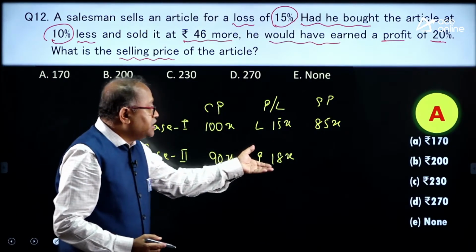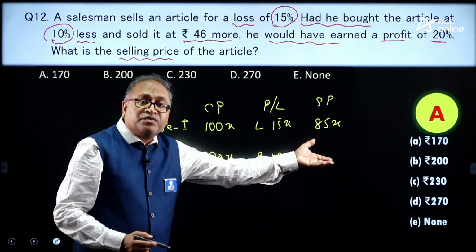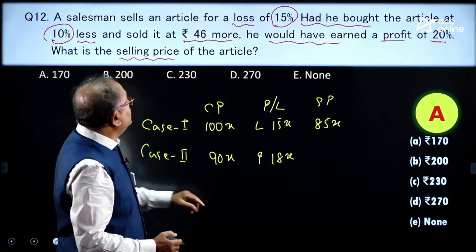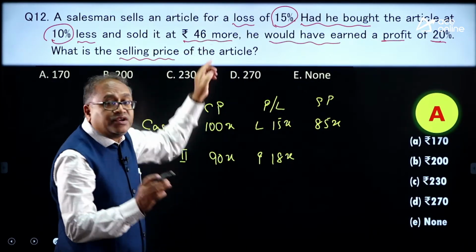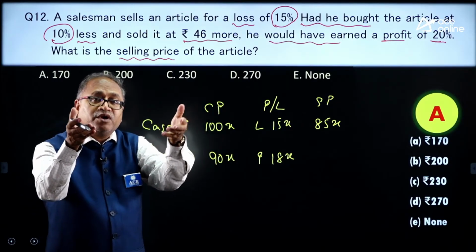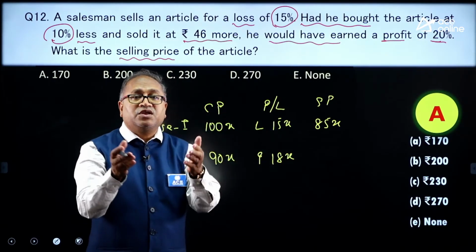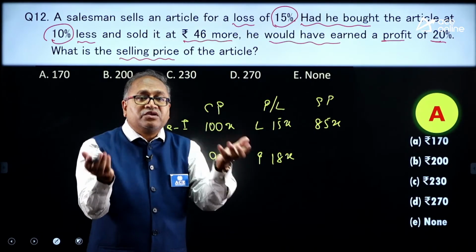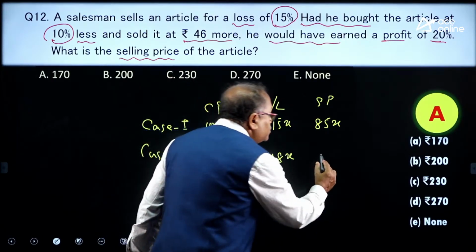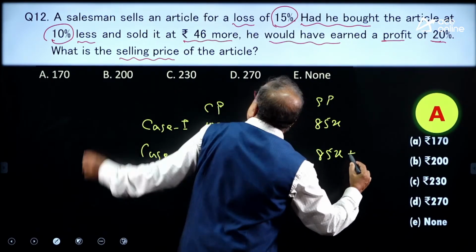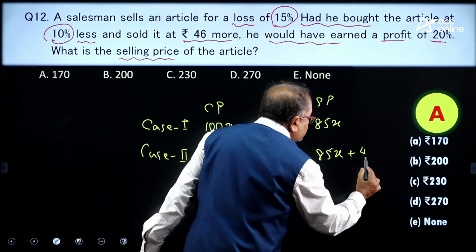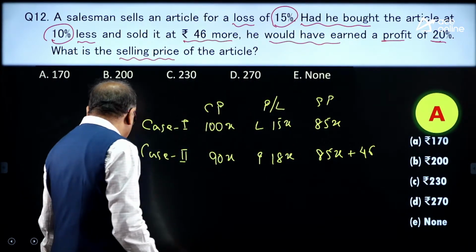Cost price plus profit is equal to selling price, and the selling price he sold would have been 46 rupees more. What is the old selling price? 85x. So, what will be the new selling price? The new selling price will be 85x plus 46, right.